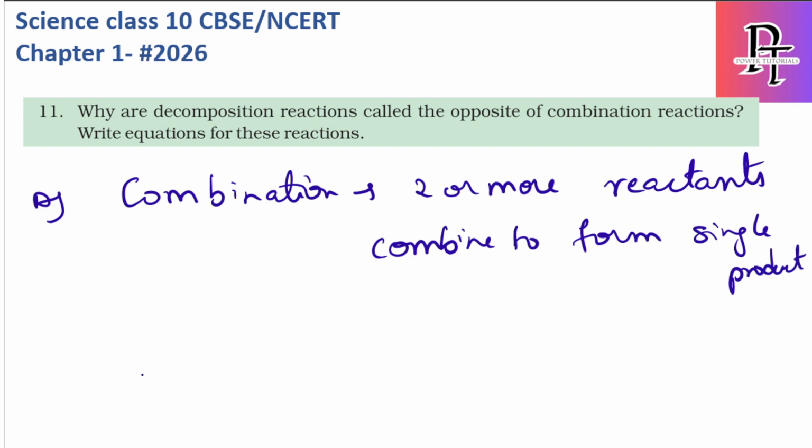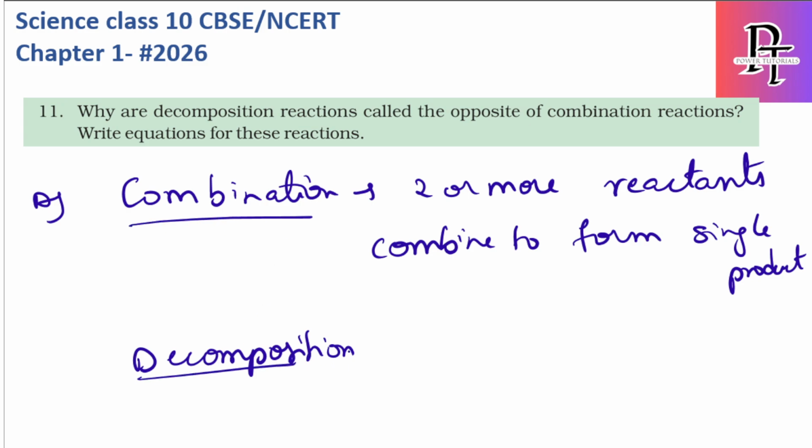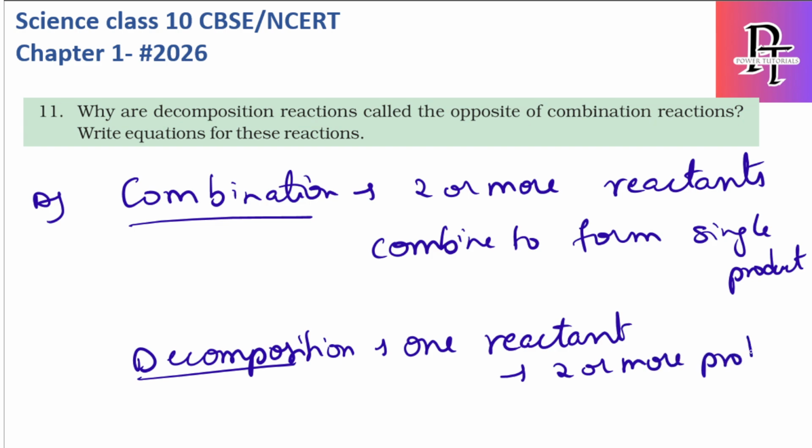What about the other one, which is decomposition? It is the opposite. Why? Because one reactant breaks into two or more products. So from the statement itself, we can say that both are opposite to each other.